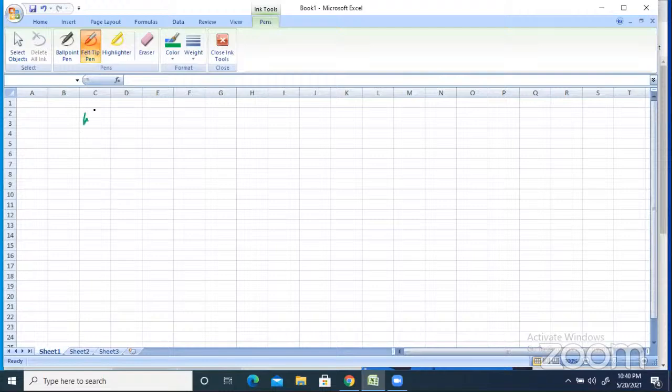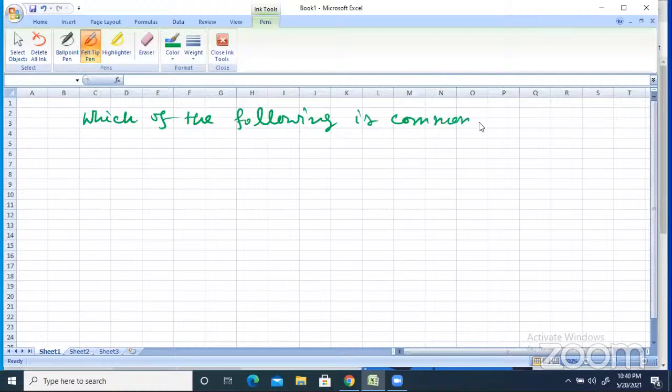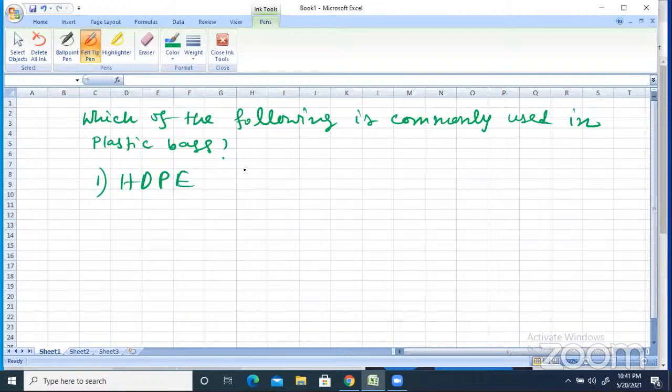Next question. Which of the following is commonly used in plastic bags? HDP, LDP, PP, and PET.